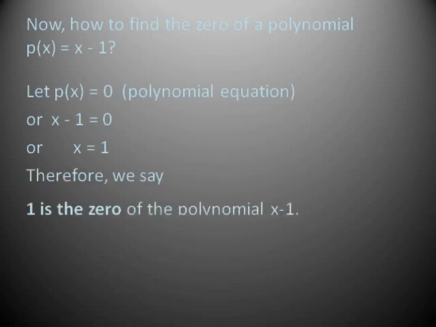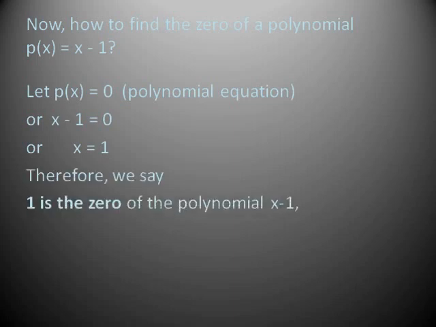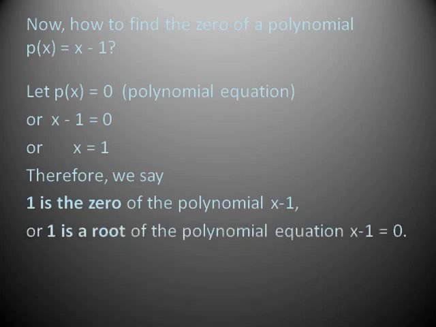So therefore we say 1 is the zero of the polynomial x minus 1. Okay, so this is easy to find the zero of the polynomial. We have to set the polynomial equal to 0 and then we can find the value of the variable x or any other variable if it is there. Also 1 is called the root of the polynomial equation x minus 1 equals 0.